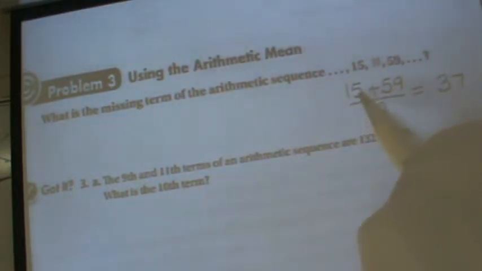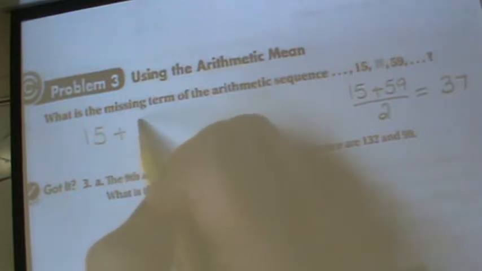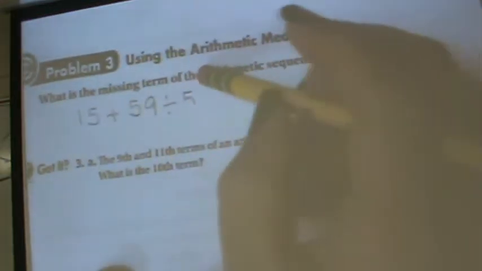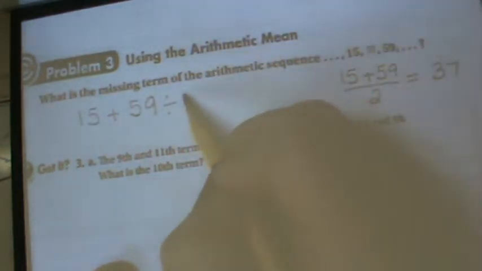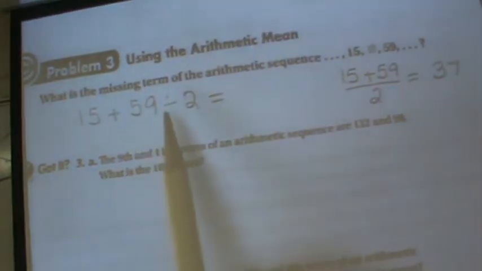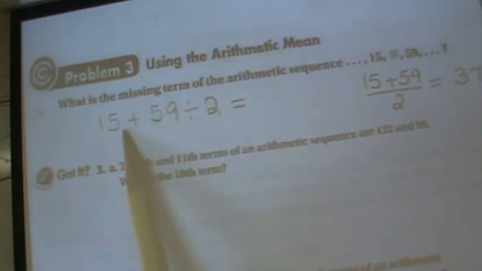They'll do 15 plus 59 divided by 2. Watch this. If you type 15 plus 59 over 2 in your calculator like that, your calculator will do the divide first. It's going to divide 59 by 2 and then add 15.